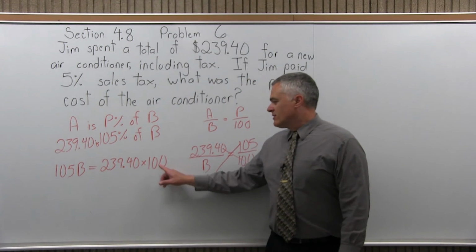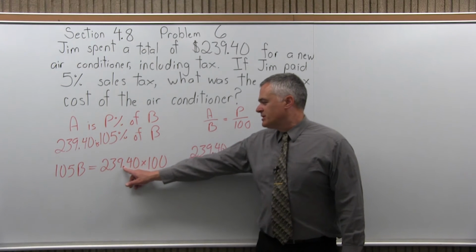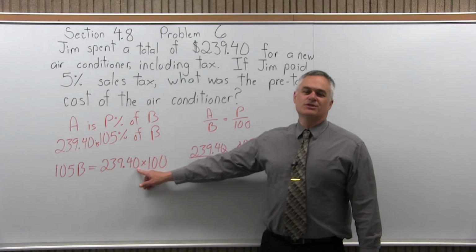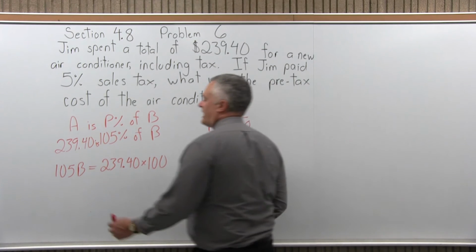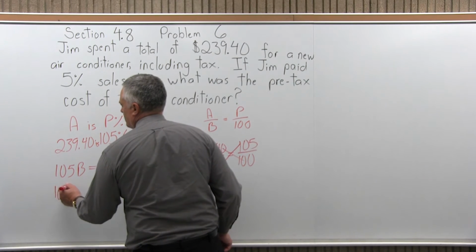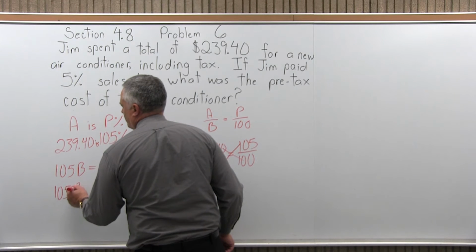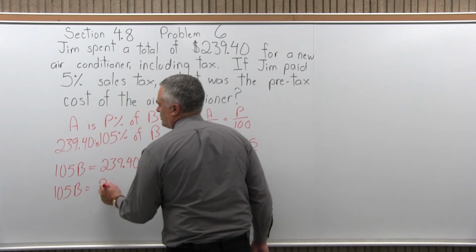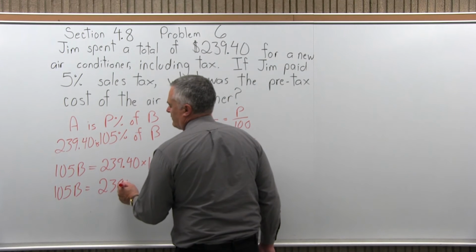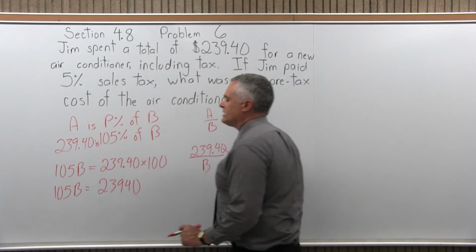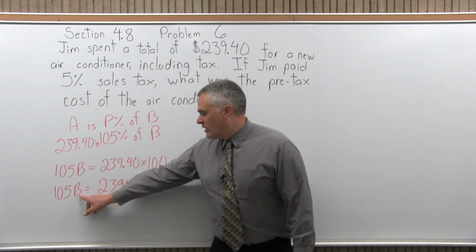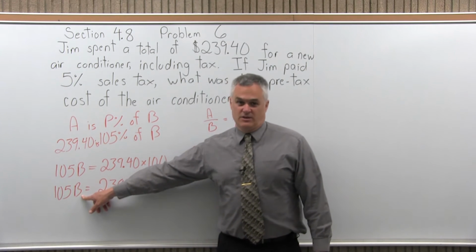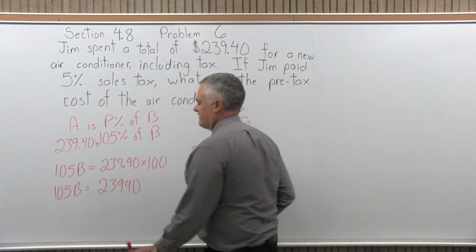Even if you don't have a calculator, the 2 zeros in the 100 will pull the decimal point 2 positions to the right. So what I have is 105B is 23,940. Now again, that's not the answer. What I want is B equals, not 105B equals. So I have to divide away the 105.